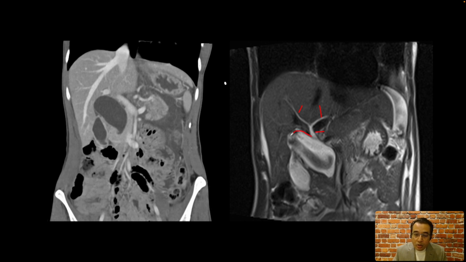CBD shows marked dilatation as it goes towards the ampulla, and here we can see on the CT better that the caliber is normal at the ampulla. We also see a gallbladder which is opening into this dilated CBD. So this is a great example of a type 1 choledochal cyst.